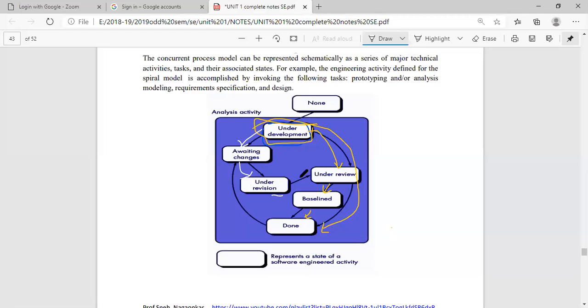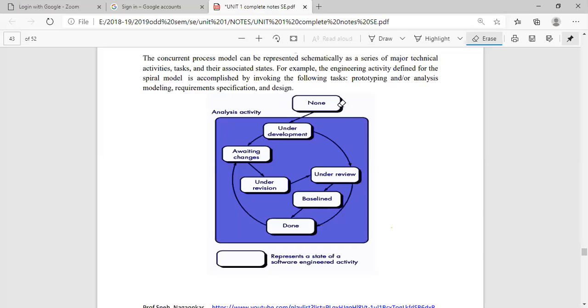Then it will go to review, then baseline, and finally done. Again, if it is noticed that there are some errors in the module, it will go again for awaiting changes and repeat the cycle. Is it clear? This is the state-wise transitions.